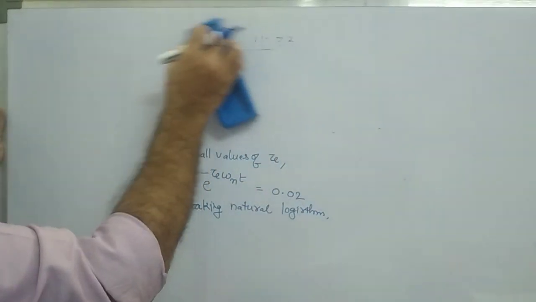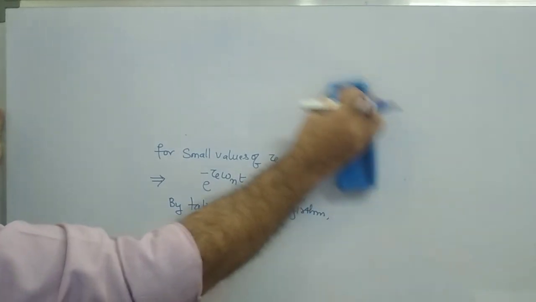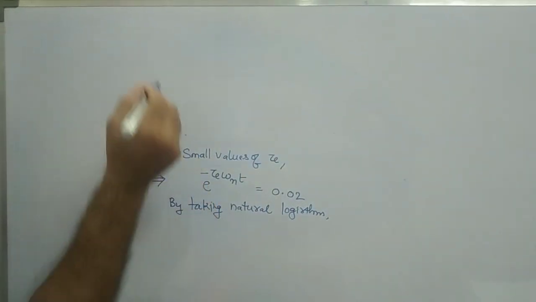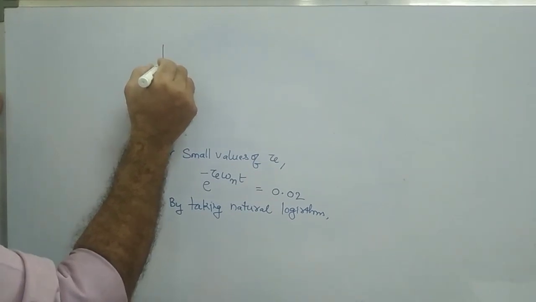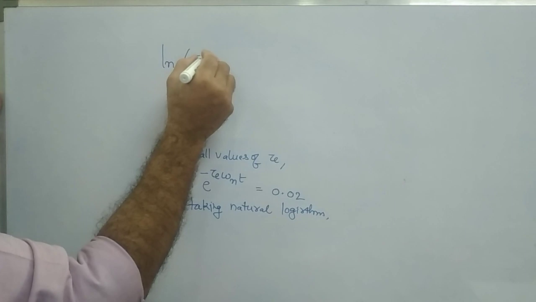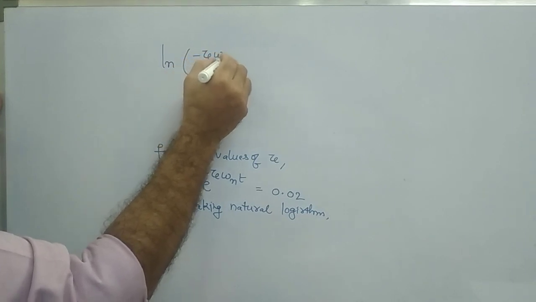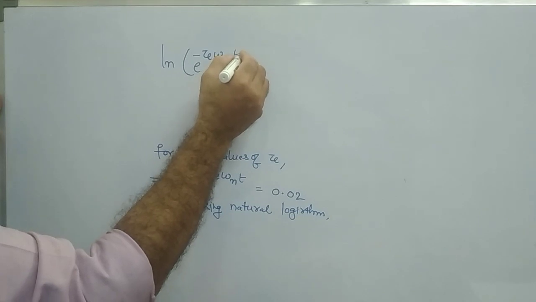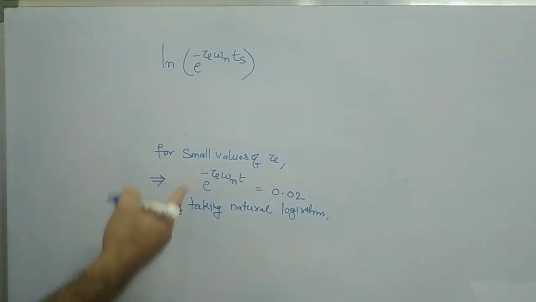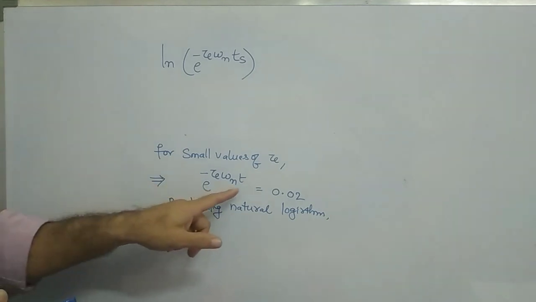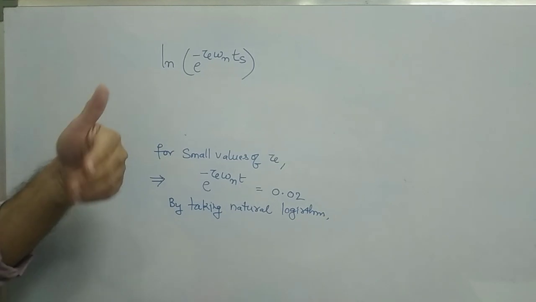I will erase this for a moment. So that is nothing but ln of e power minus zeta omega n t. Remember that at t is equal to ts, means we are aiming at finding ts.